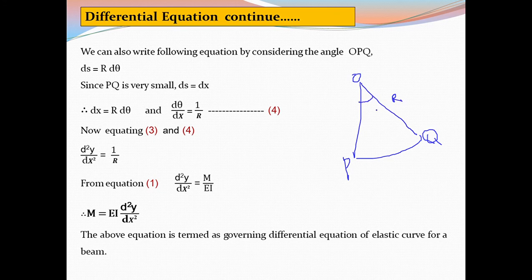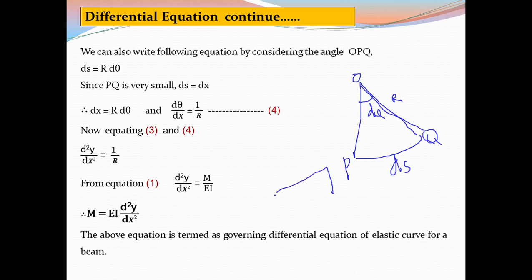This ds is the length of the curve, and ds can be written as r d theta. Since PQ is very small, ds can be written as dx.